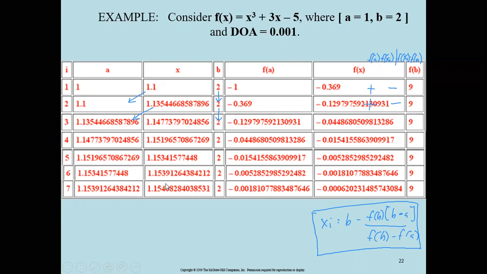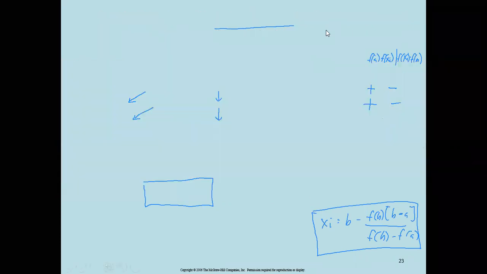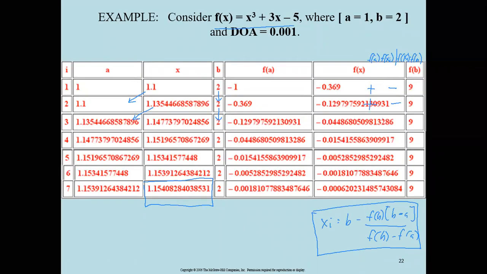So we can now conclude that this value of x is the root for this given equation. Okay, so this is the answer. So this is the end of our presentation. So thank you for listening.